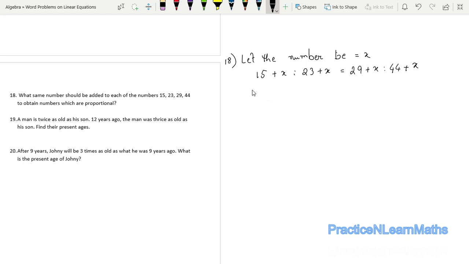This we can write in the fractional form. Now let us solve it by cross multiplying.